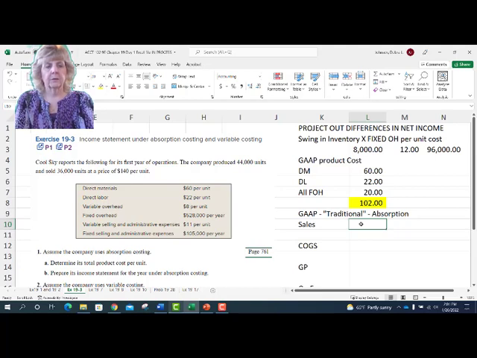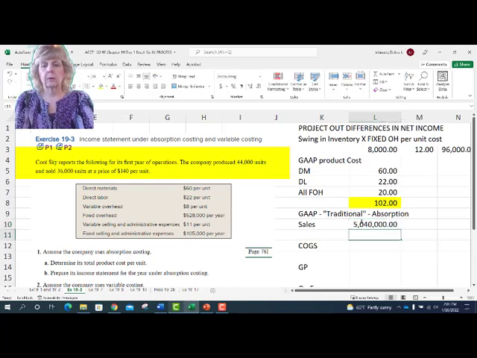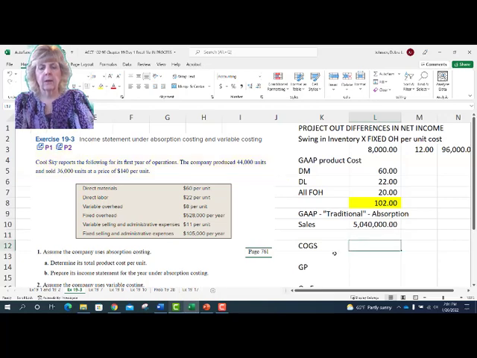The sales were based on 36,000 units sold, given to us up near the top, and the sales price was $140 a unit. I got sales of $5,040,000. The cost of goods sold, not made, but sold, is $102 per unit.